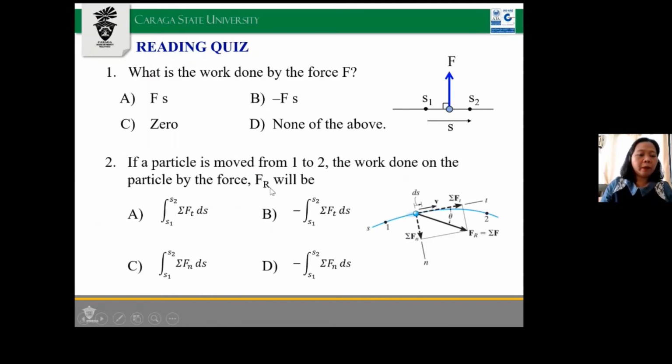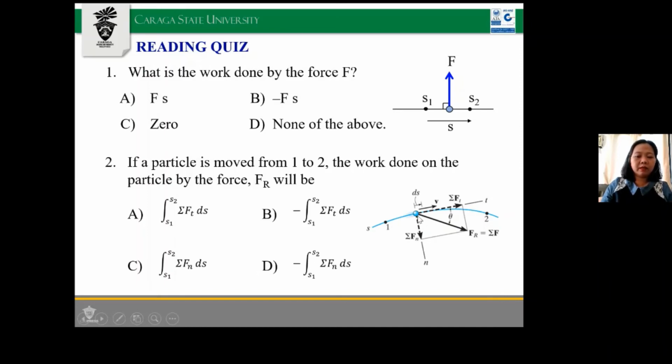Second, if a particle is moved from point 1 to point 2, the work done on the particle by force Fr will be, among these choices, what is the correct answer? Is it A or B? Remember that the movement is from here to here, and the direction of the force is... you can resolve the force into the tangential and the normal.